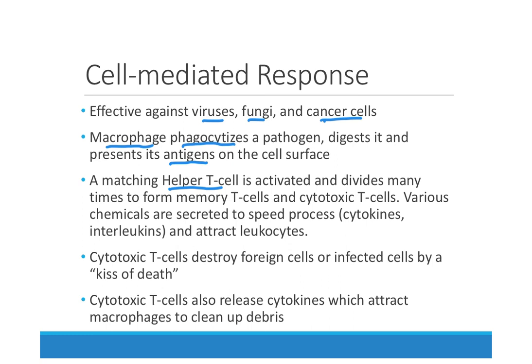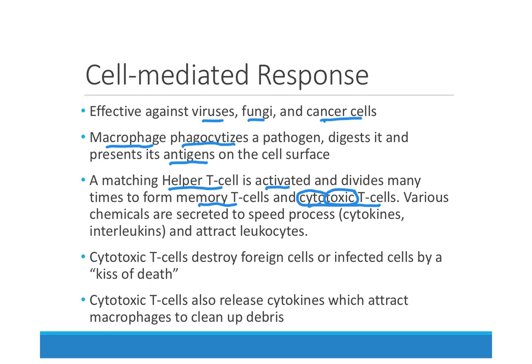When the match is found, this helper T cell is activated and goes on to divide many times. Some of the T cells are going to just remain as memory cells, but it also makes cytotoxic T cells, which, cyto means cell, toxic, of course, will kill. So these are specific cell-killing T cells, not just general natural killer cells, but ones that pinpoint cells that have been infected by a particular pathogen.